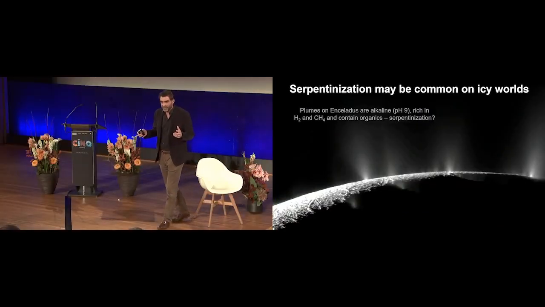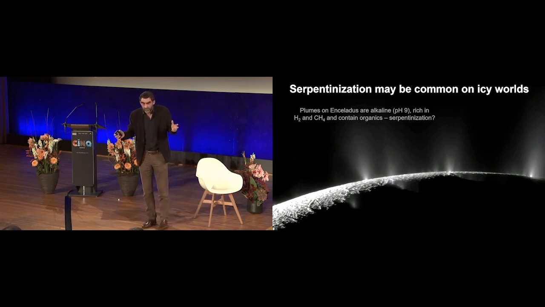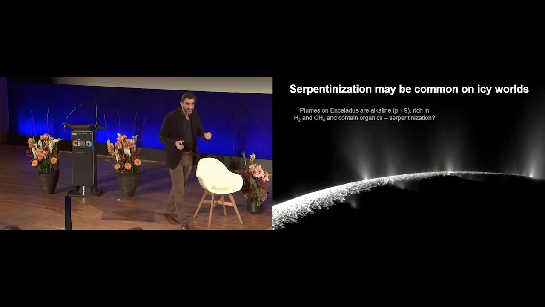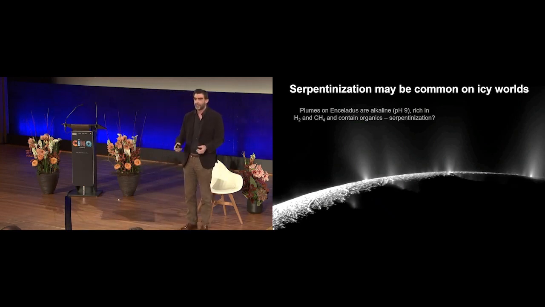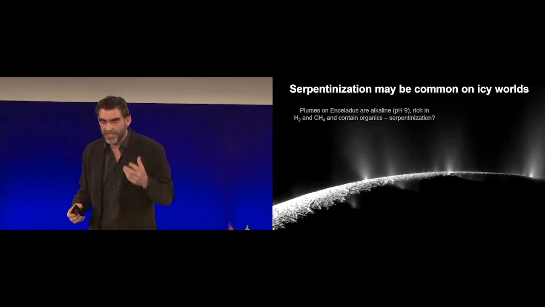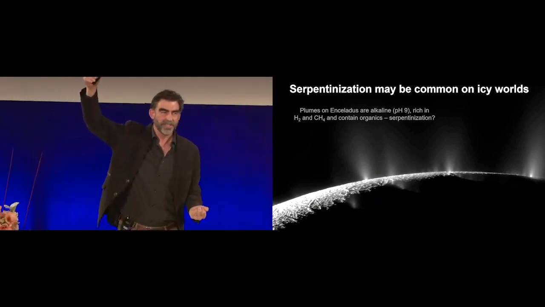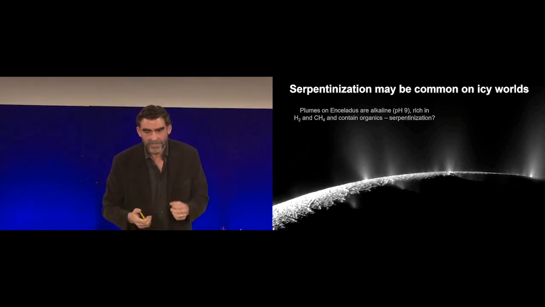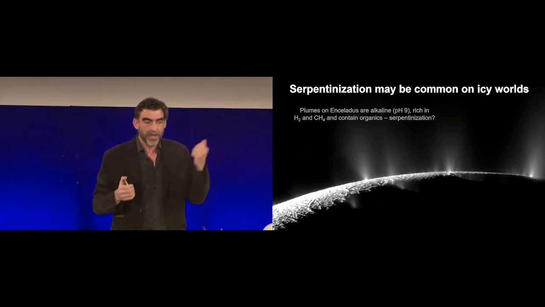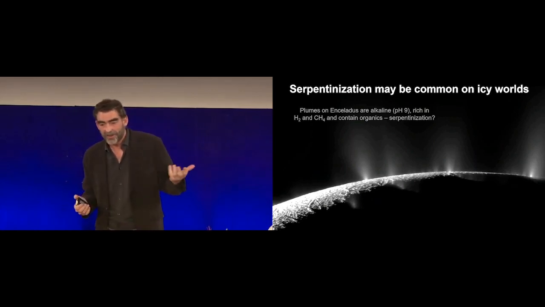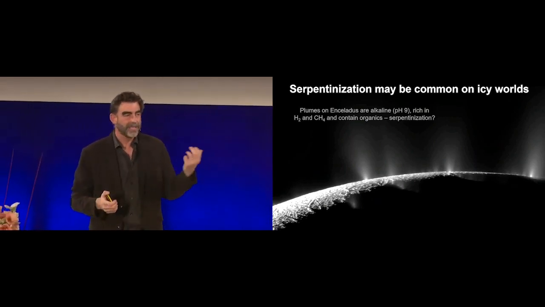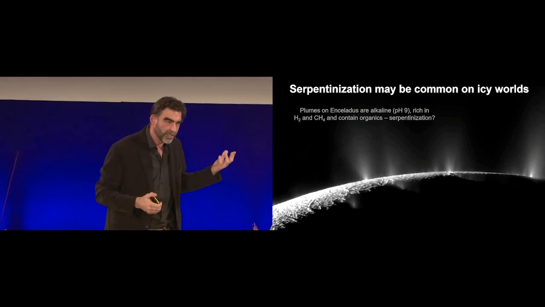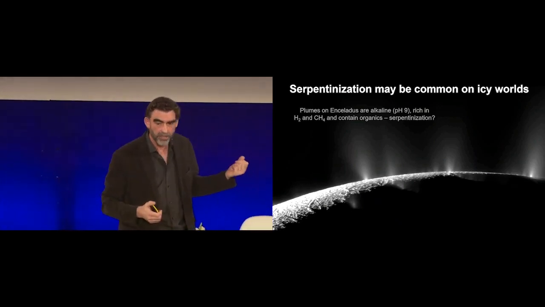These kinds of processes happen on other places within our own solar system. This is Enceladus, one of the icy moons of Saturn. And there are plumes. The Cassini flyby found these plumes, which you can see there, jetting about 200 kilometers out into space. And using spectroscopy and other methods, they were able to show that they're rich in hydrogen gas, they're alkaline, around about pH 9, and there are reduced carbon molecules like methane and some other organic molecules in there.